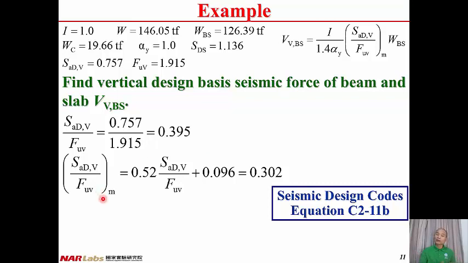Therefore, it has to be modified, and the modified ratio equal to 0.52 times SADV divided by FUV plus 0.096 equal to 0.302, according to Seismic Design Code equation C2-11b.